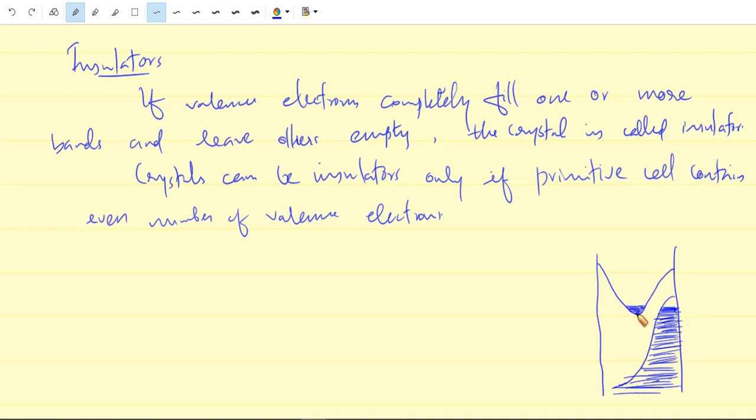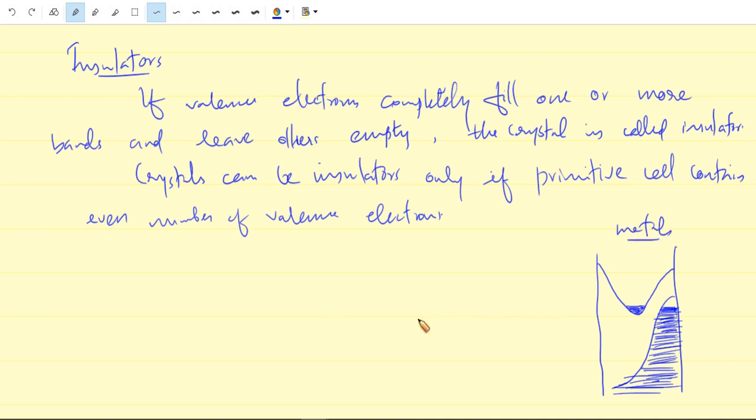Here the lowest energy of the upper band is lower than the highest energy level of the lower band. So some electrons occupy the higher band, and because of this there will be freedom for electrons to move in a band. So this becomes a metal, even though there is an even number of valence electrons.